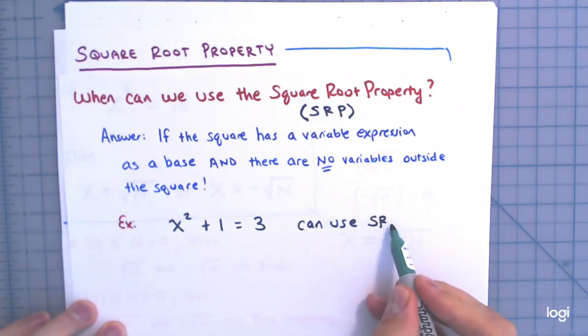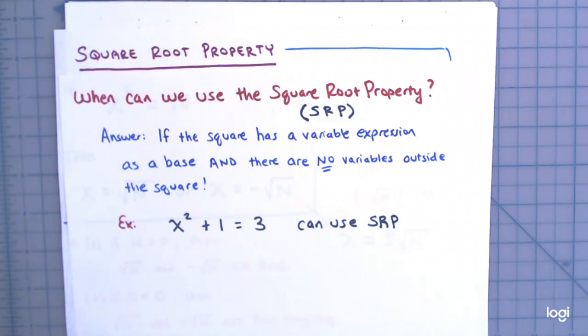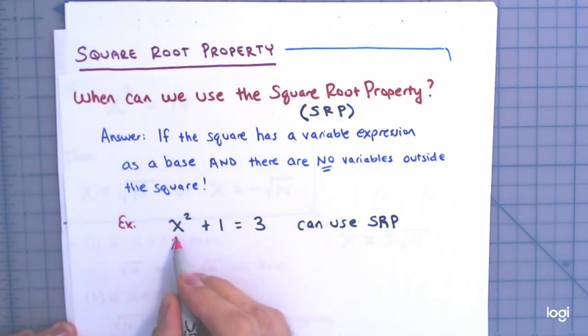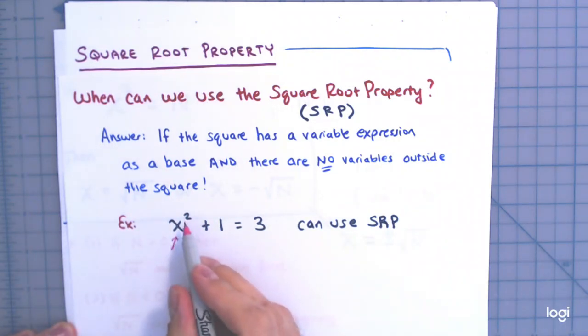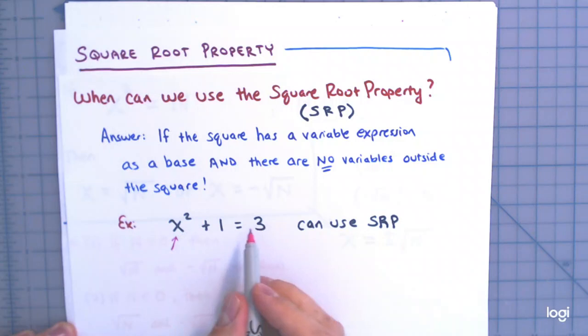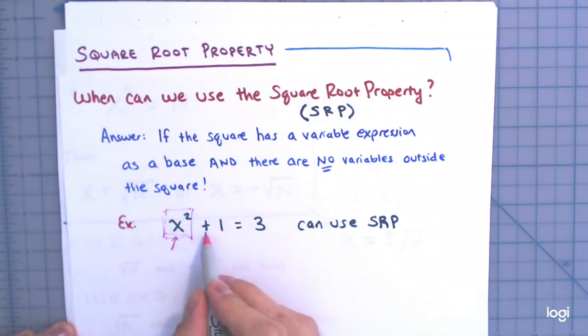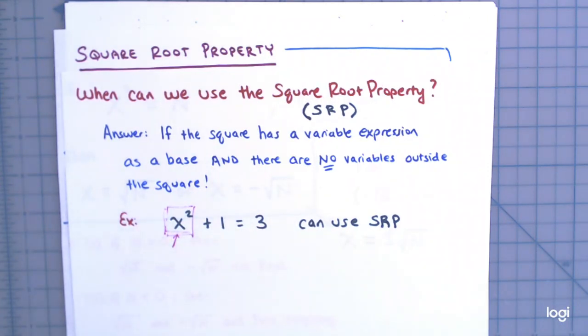So we can use the SRP here because, again, like I mentioned, there's a variable inside the square, and apart from this square, there's no variables outside it. So we could use the SRP, and then I'll talk about how in a minute.